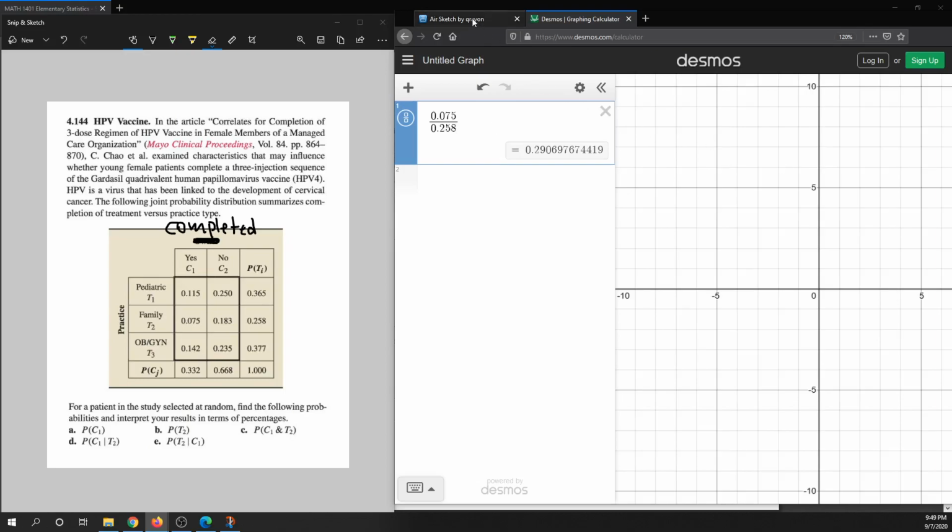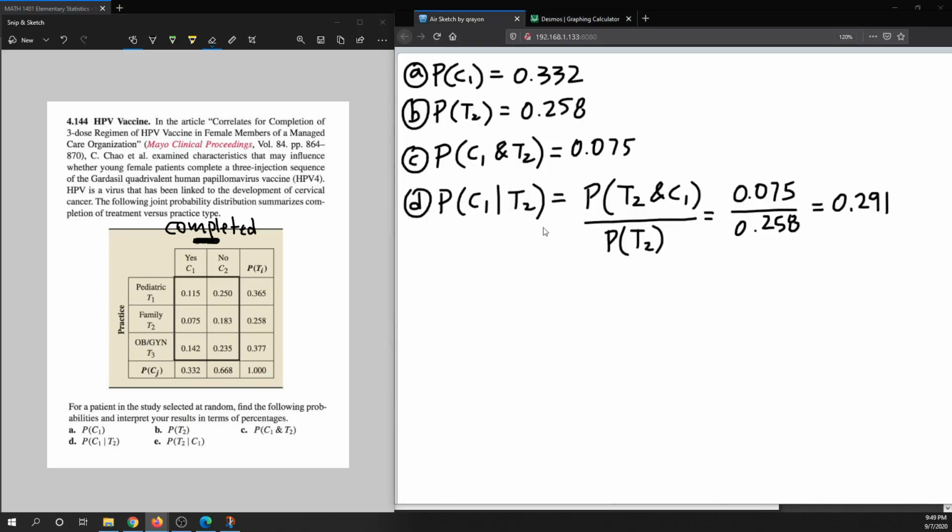Okay. So what it means is that of those patients, right, who went to a family practice, about 29.1% completed the 3 injection sequence.